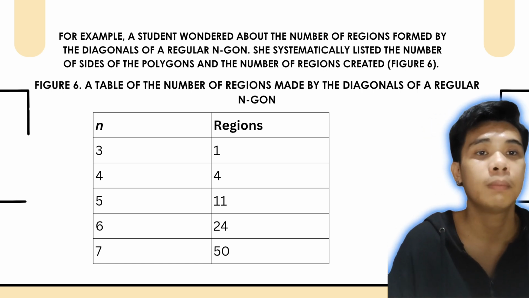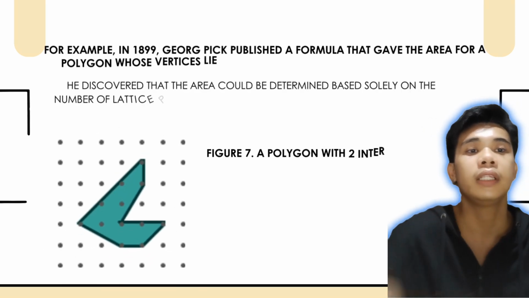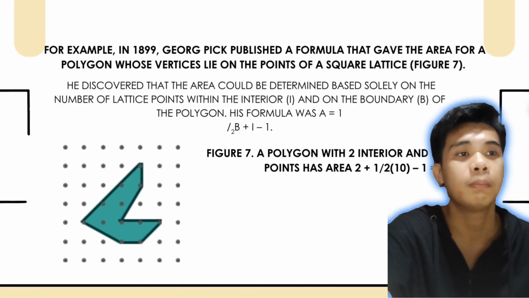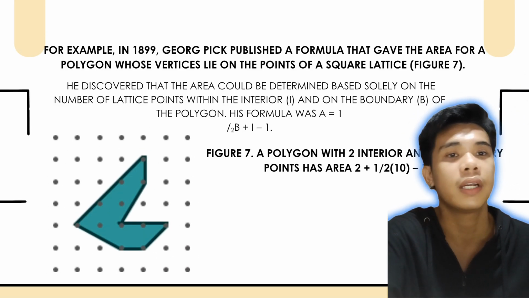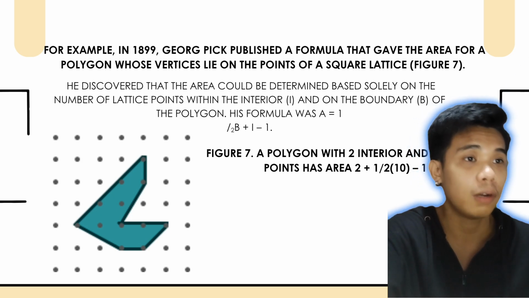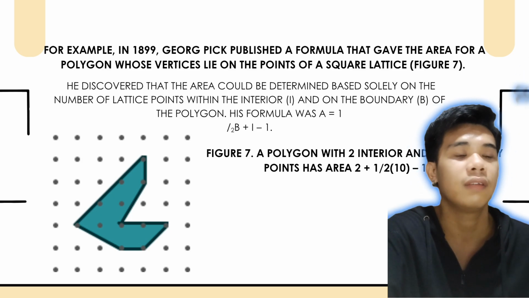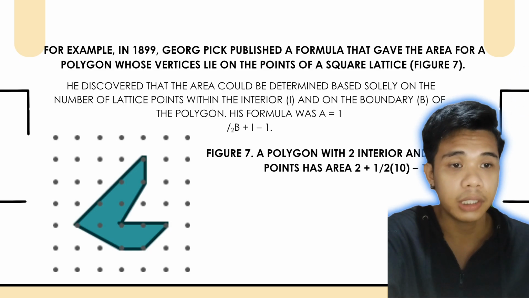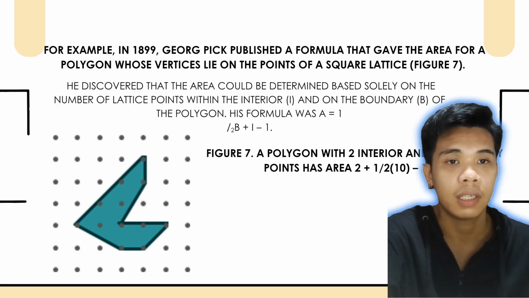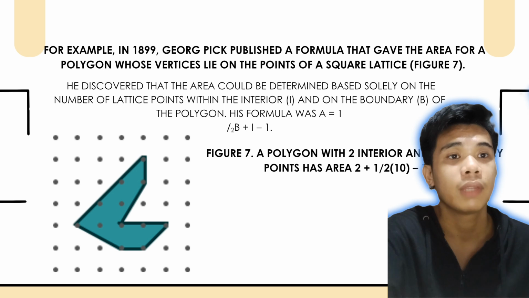Here is another example. In 1899, George Pick published a formula that gave the area for a polygon whose vertices lie on the points of a square lattice. If someone is wondering what a square lattice is, this is a square lattice, a square with distinct points.